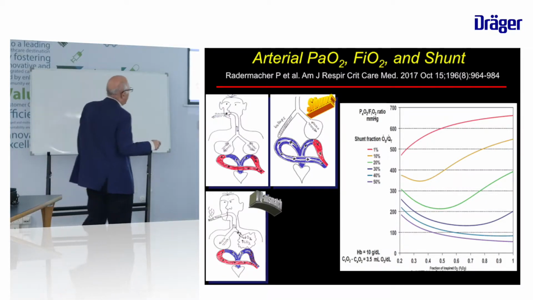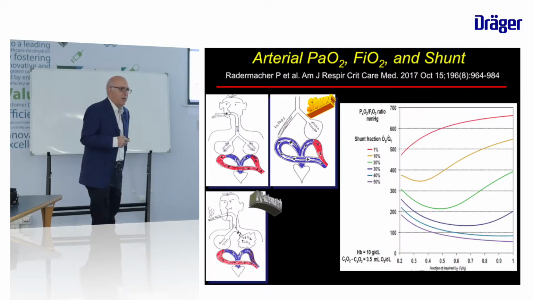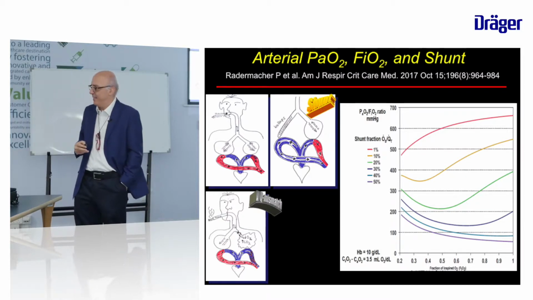So we can say that if you have around 20% of shunt, in green here, and you are ventilating approximately in air, you have 300 divided by 5, so around 60.